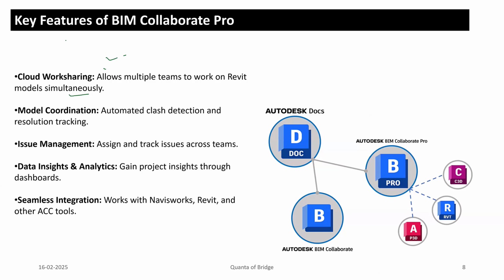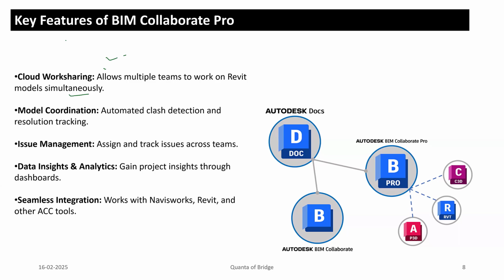Multiple teams can work on the same model at the same time, and everybody, be it a person sitting in New York and another person sitting in the remotest part of India, can on a real-time basis work on a live Revit model and see whatever changes are happening in the model, the model coordination, the issue and clash detection, and they can resolve it beforehand.